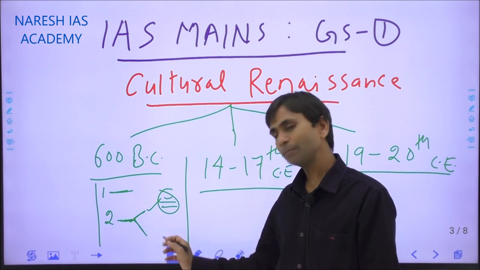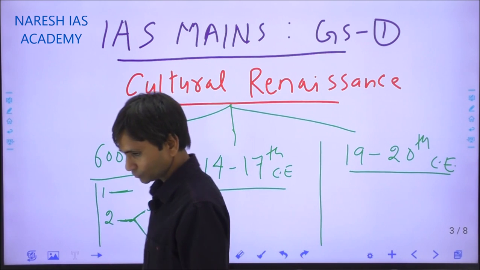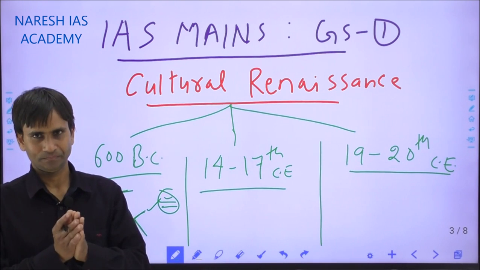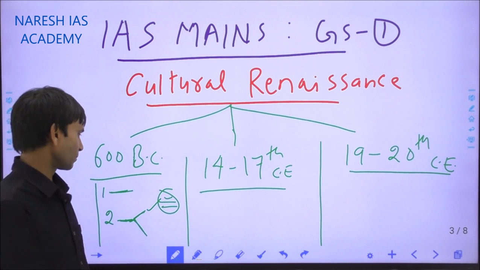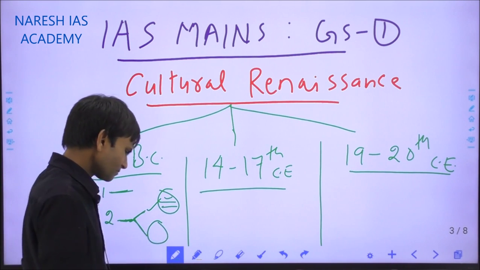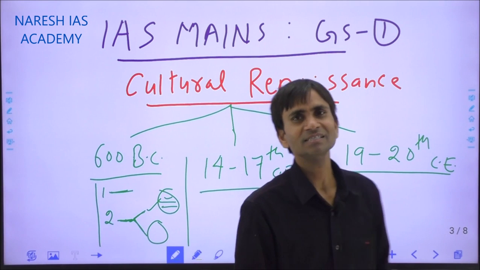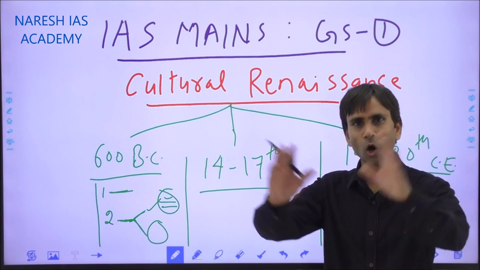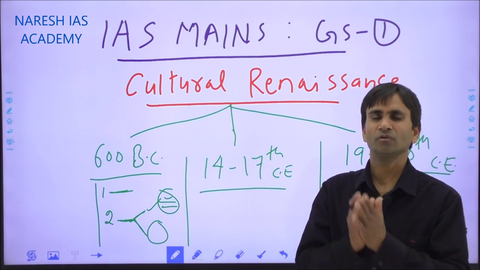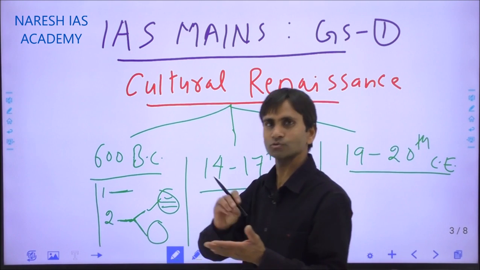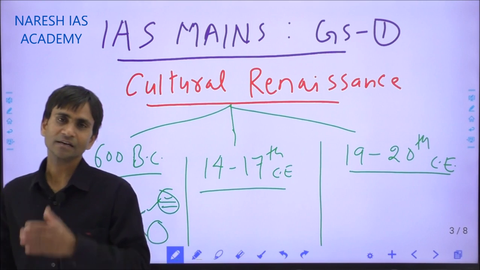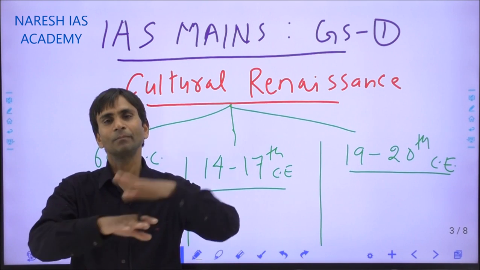Second aspect, you have to understand what kind of challenges or questions were raised by Buddha and Mahabir Swami before the society. Again, the Brahmans created different kinds of laws and regulations for the society, and this was a caste or varna based society, and this led to discrimination among the people.